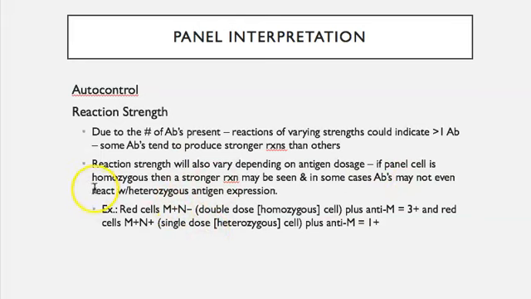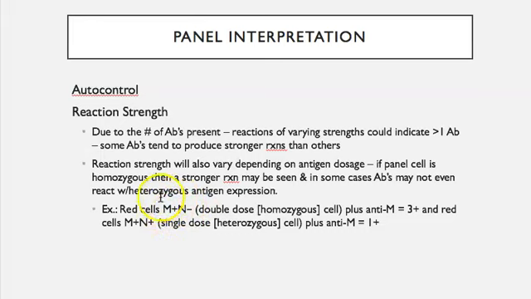And again, if the panel cell is homozygous, and we see this probably most often in the M and N blood group system, then you're going to see a stronger reaction with homozygous cells versus with heterozygous expression. So an example: if the donor cell is M positive, N negative, that means they inherited both M copies and no N copies.